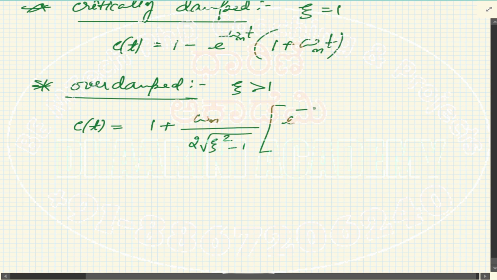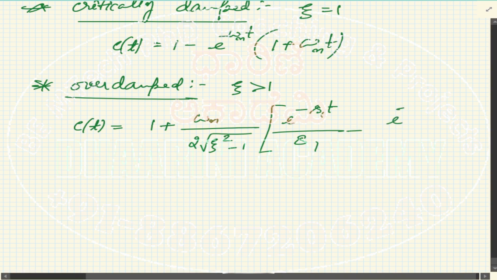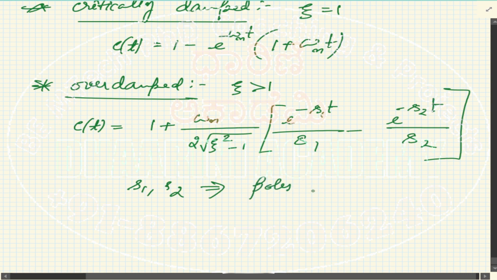So if the roots of the equation are s1 and s2, I can write e to the minus s1 t by s1, e to the minus s2 t by s2. So here s1 comma s2 basically represent the poles of the system.